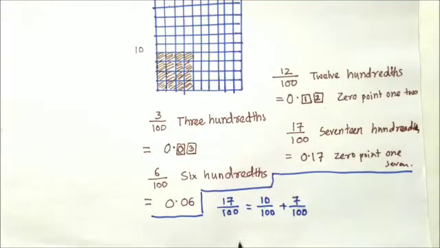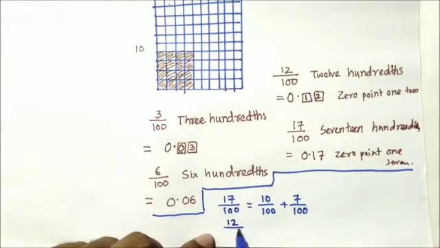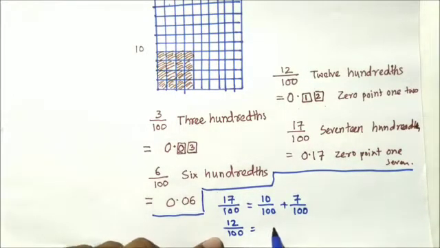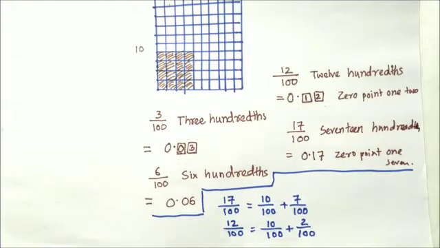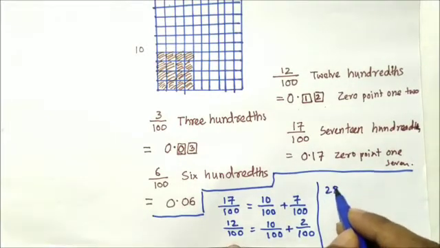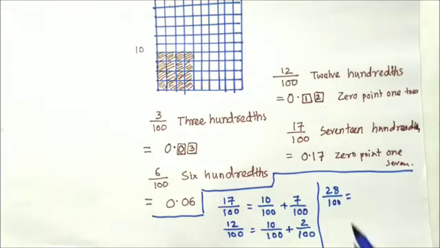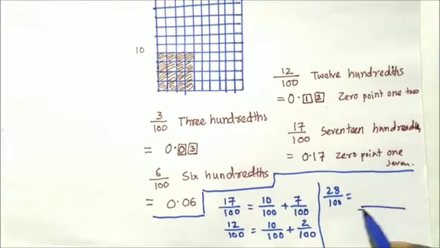Similarly, in the same way, we can write 12 by 100 as 10 by 100 plus 2 by 100. Now you think how you can write 28 by 100 in this way. It is your task to do on your own.